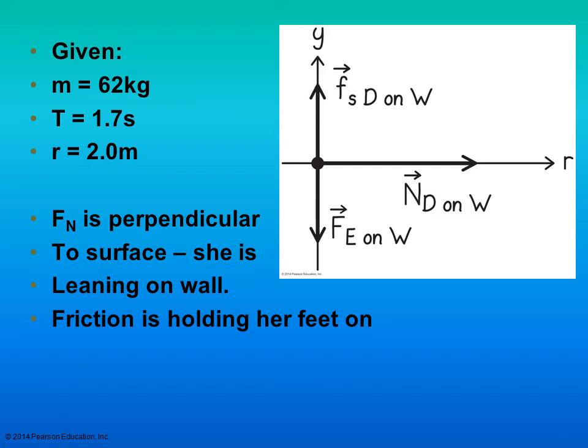The normal force is perpendicular to the surface. She's leaning on the wall, so on this force diagram the normal force is on the wall, going to the center. The little r is the radius, so it's pointing to the center. And the friction is holding her feet on.